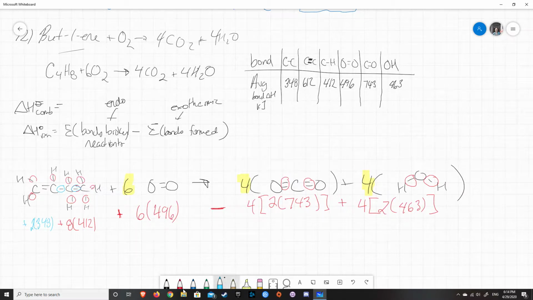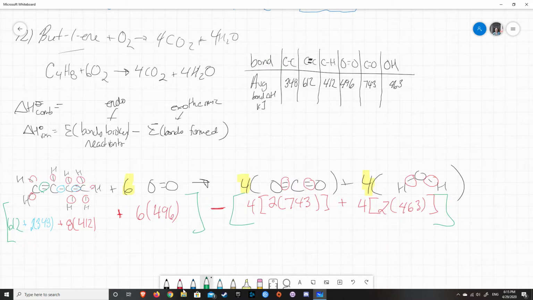Plus, the only bond that we have left is a carbon-carbon double bond, so plus 612. If we add all the left-hand side and all the right-hand side, we'll come out with the right answer. Let me do this calculation quickly: 2 times 348 plus 8 times 412 plus 612 plus 6 times 496.